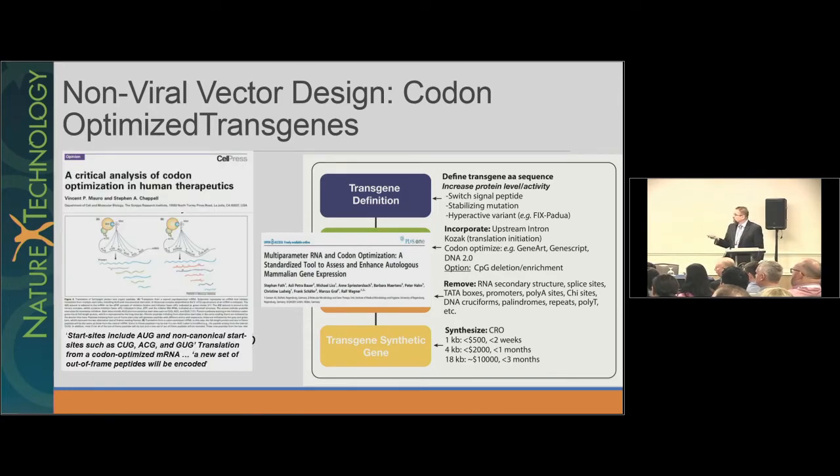A cautionary note about codon optimization. I don't see a lot of people thinking of this, so I'm really highlighting it: the idea that your translation starts at the Kozak ATG and goes to the stop codon, and that's all you make from that messenger RNA, is not accurate.